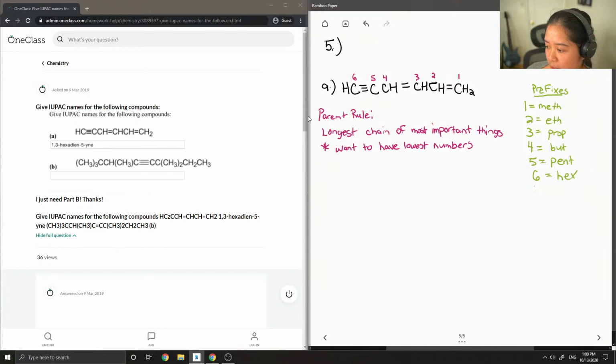I might as well just write the other ones. 7 is hep, 8 oct, 9 non, 10 is dec.